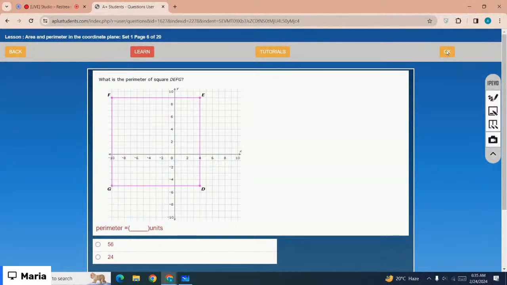The correct option is 56 units. Option number 1 is the correct option. That is 56 units, right?